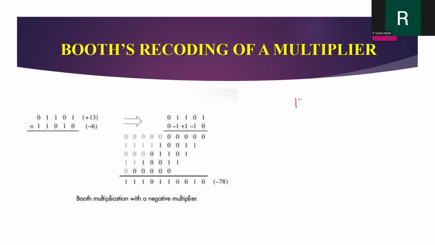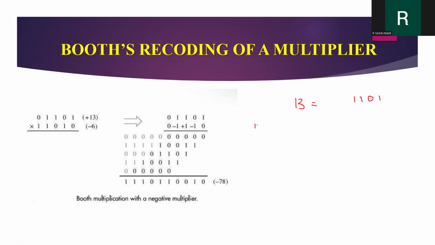What is the binary number of 13? I hope you can write the binary value of 13: 1101. How do we get that binary value?